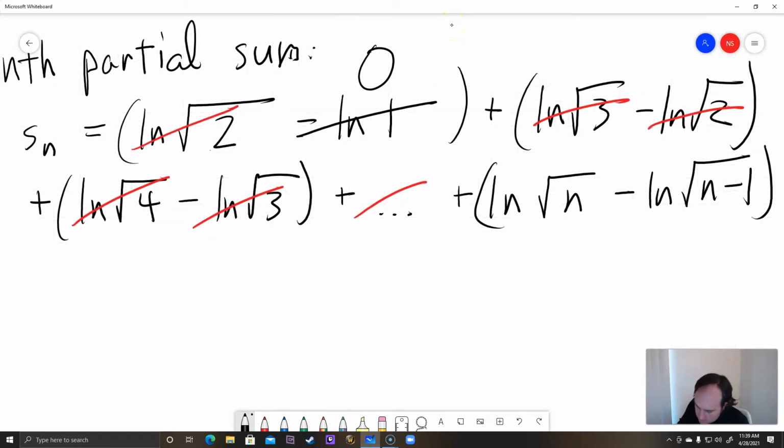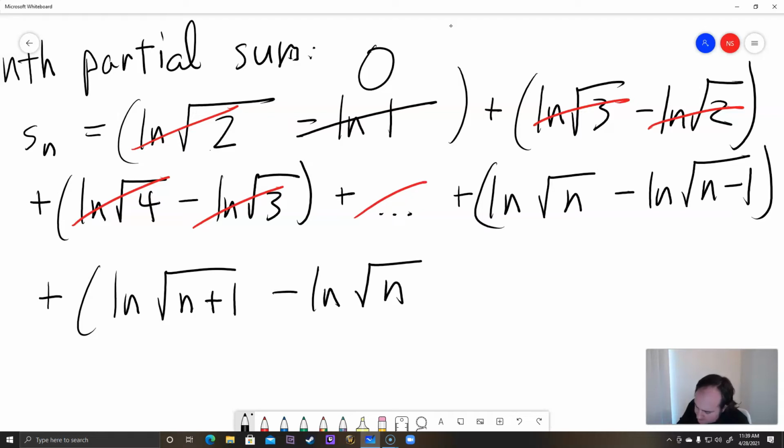So we have plus ln of root n plus 1 minus ln of root n. And we know just from the pattern here that all these terms are going to cancel out. The negative ln of root n minus 1 is going to cancel out with the one before it. And then we can also see that the ln of root n cancels out with the negative ln of root n.